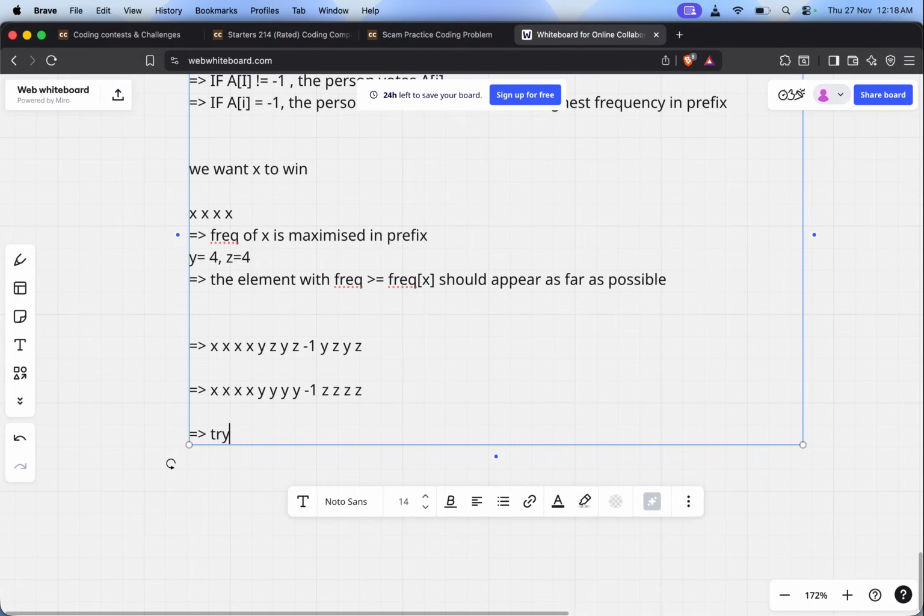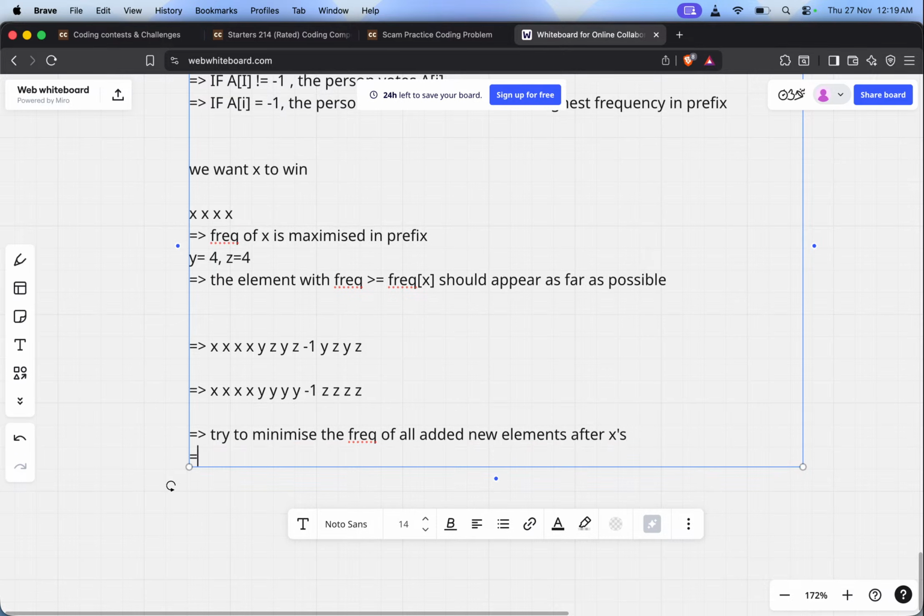Try to minimize the frequency of all newly added elements after x's. How to do this?